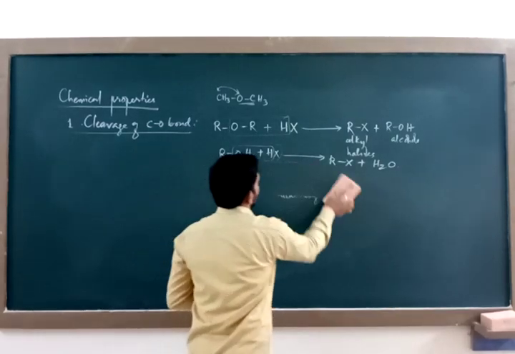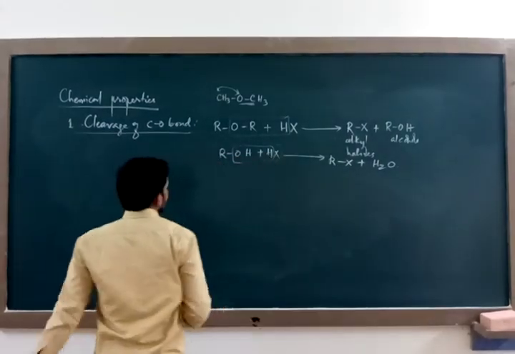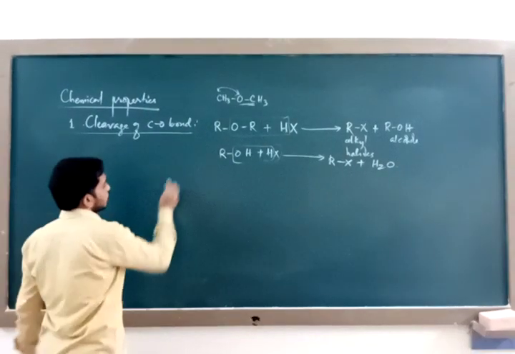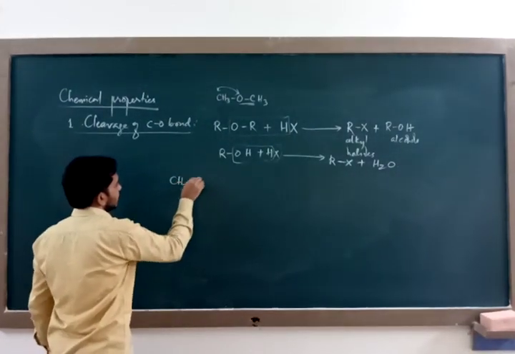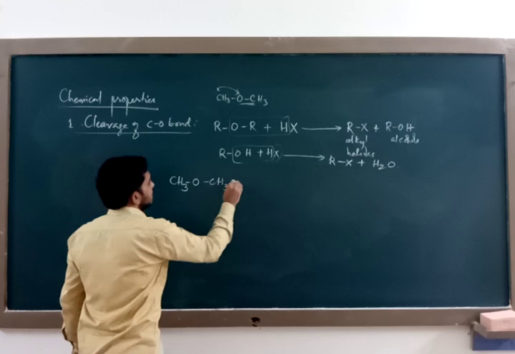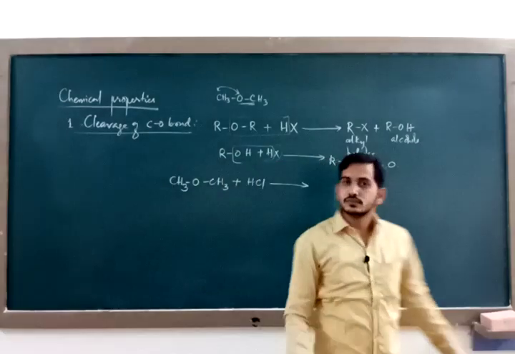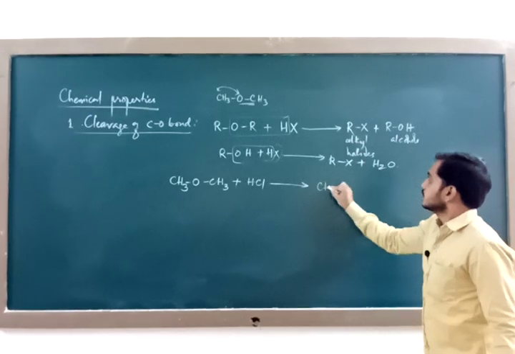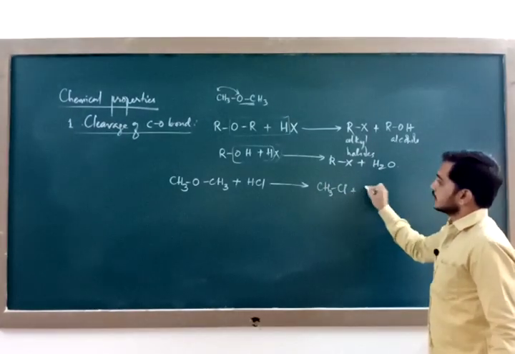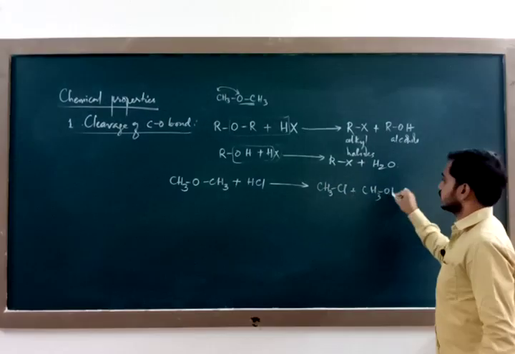If this is understood, then now you tell me what should be the product if dimethyl ether is reacted with HCl. It should be CH3Cl plus CH3OH.